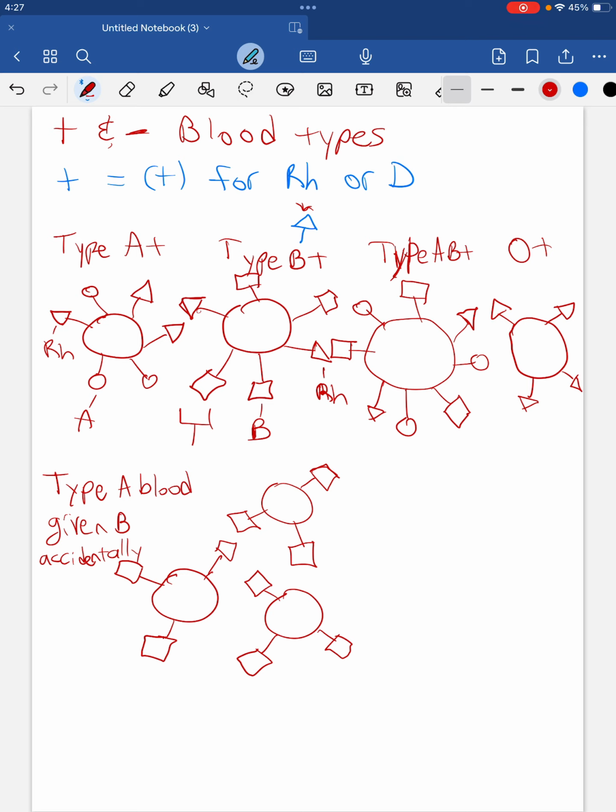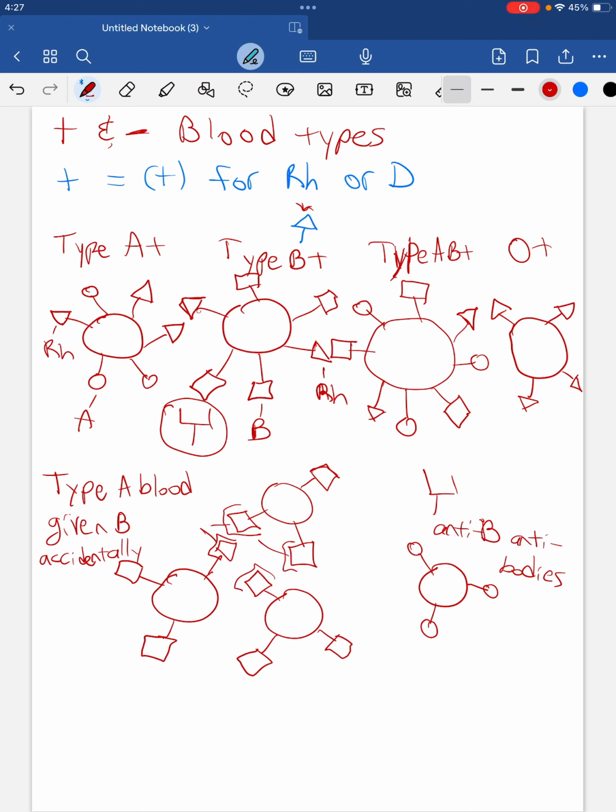Now they have some A blood over here. Nothing's going to happen to this A blood that they have, it's fine, but the B blood that they have, now they've made these antibodies. Anti-B antibodies, so antibodies that are going to fight B. Now these are going to attach and stick together, and cause a blood clot.